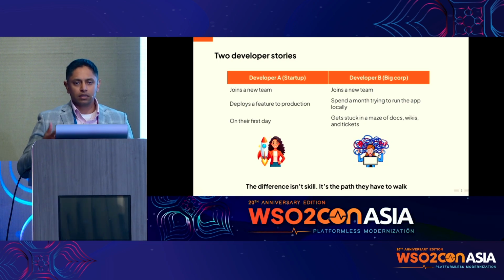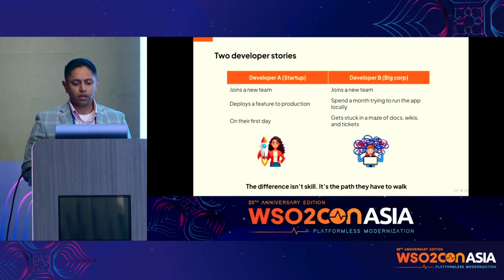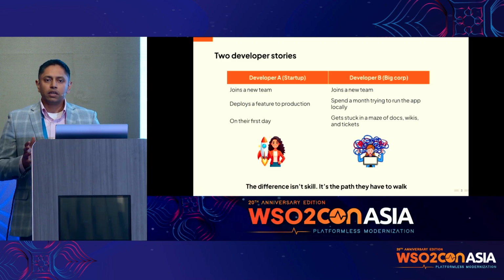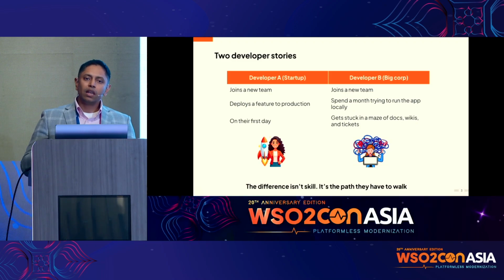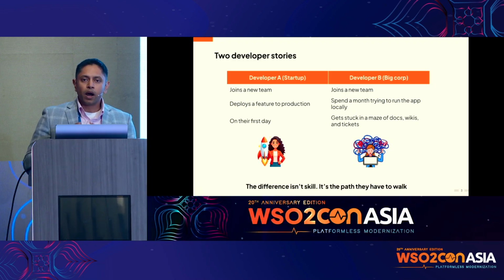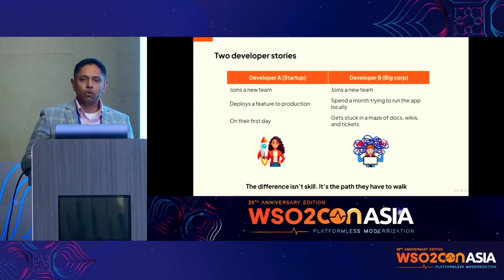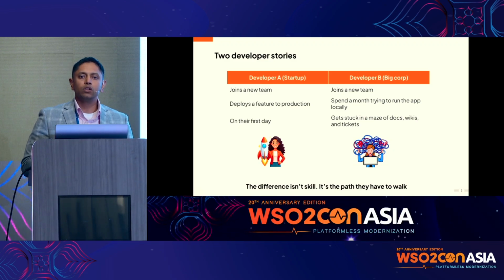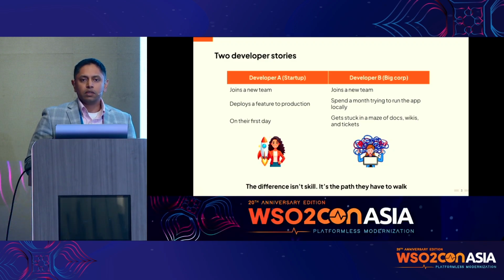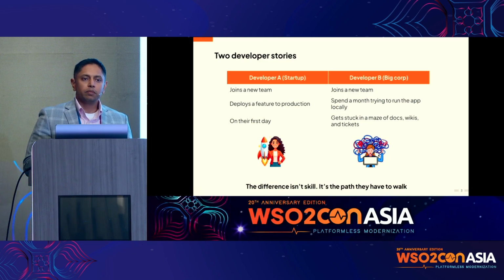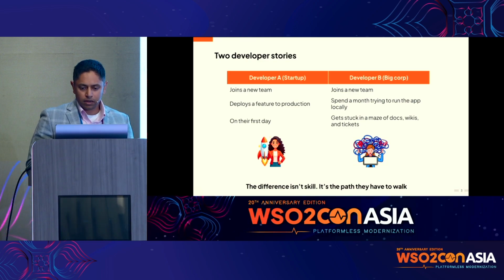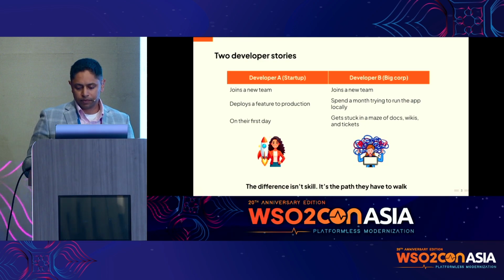So it's a daily struggle. The key differentiator here is not the skill of the developer, but the path that they've been forced to walk to get these applications into production. It's a problem with the architecture and the processes that have been created on their behalf.